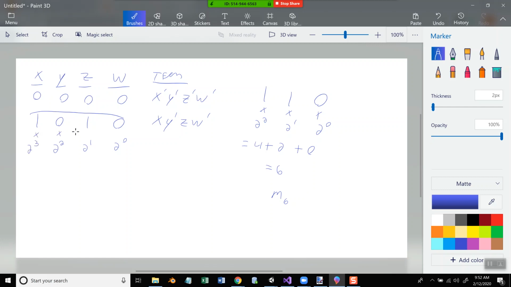And you got a times in between each one of those. 2 to the third is 8, so 1 times 8 is 8. 2 squared is 4, 0 times 4 is 0. 2 to the first is 2, times 1 is 2. 2 to the 0 is 1, 0 times 1 is 0. So that'd give us 10. So this notation here for our minterm would be M sub 10. Does that make sense on a notation? Okay.